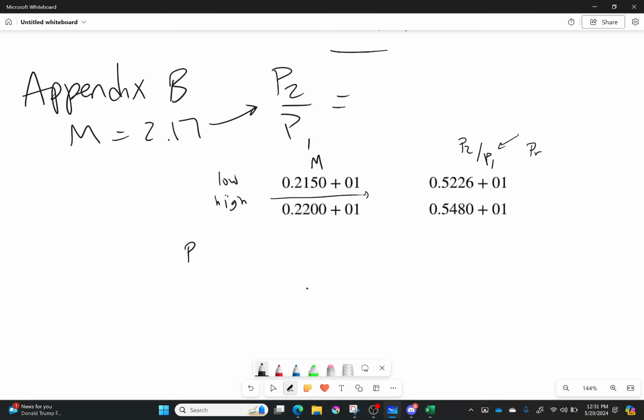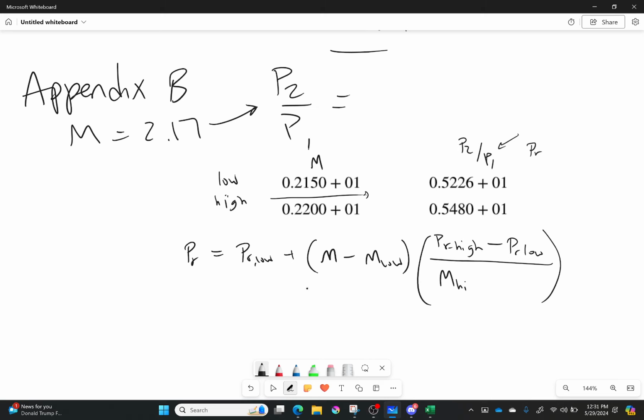So I'm going to say that my PR, the pressure ratio, is equal to my pressure ratio low, plus whatever I know, which is the Mach number, so Mach number minus the low Mach number, times pressure ratio high minus pressure ratio low, all over Mach number high minus Mach number low. Okay? So with that, I will be able to get my pressure ratio.